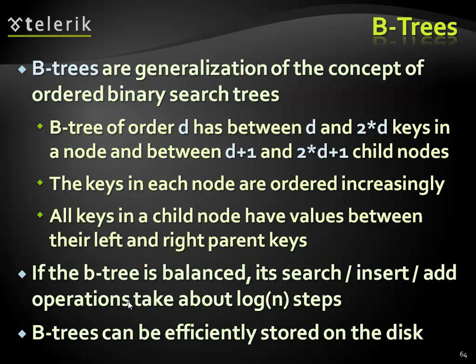So B trees are optimized not only algorithmically, but also memory-wise, hardware-wise. They work faster than other trees not because of the complexity of the algorithm, but because they're easier to address.